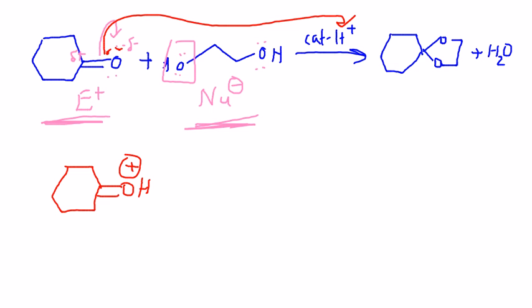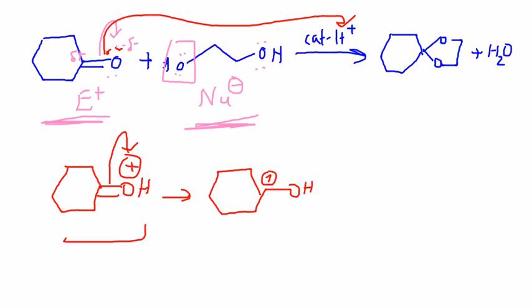Some people like to use the lone pair of electrons, in which case you will have to show this positive charge on oxygen, which then gives you the positive charge on the carbon. If you use the pi electrons, then you can simply place the OH and the positive charge directly, so this intermediate will be generated directly.